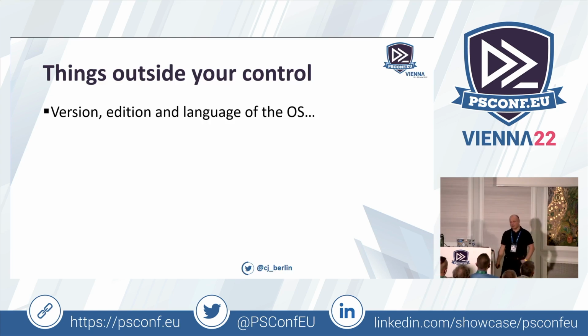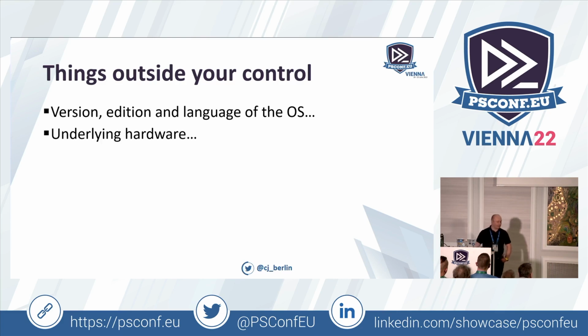The operating system. Rob talked in his keynote about dbatools not being multi-language capable in the first installments, right? But also edition. Of course, if I craft my script for servers, it may get run on a client operating system. If I do not provide for that case, it may not do what it was intended to do.